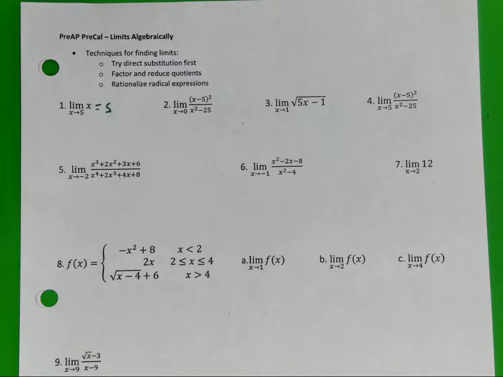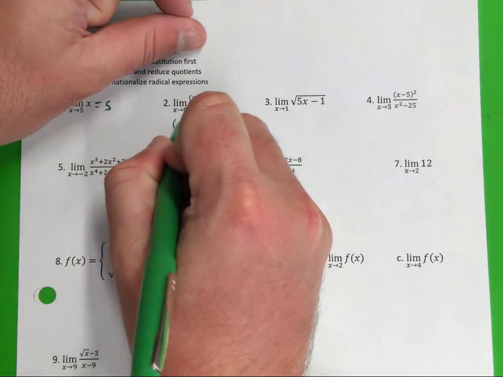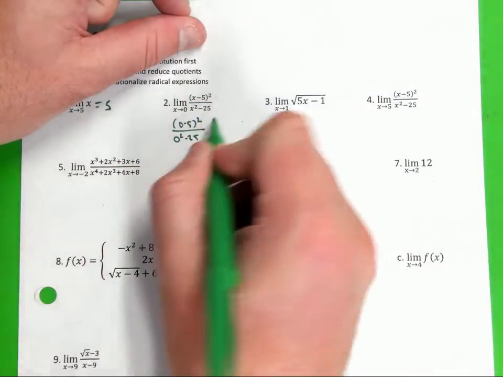Like on number 2 here, as x approaches 0. Let's plug 0 into my denominator and see what I get. What's 0 squared? 0 minus 25 is what? Negative 25. Is it okay to have negative 25 in the denominator? So you can use direct substitution. I'm directly substituting that x value that it's approaching into here. So let's do that: 0 minus 5 squared over 0 squared minus 25.